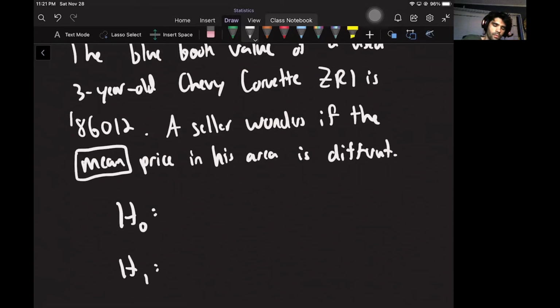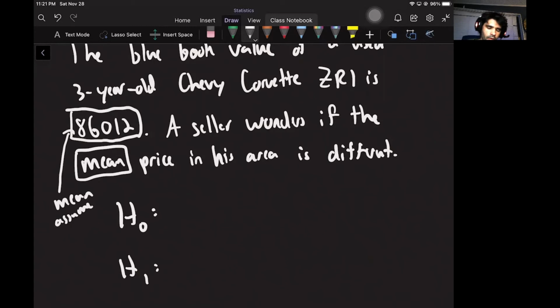So what we're doing is we're using this number, and we're going to assume that this is the actual mean. So our null hypothesis is to assume that the mean is 86,012. Now the symbol for mean is not the letter P, it's the Greek letter mu. So this is how our null hypothesis will look.